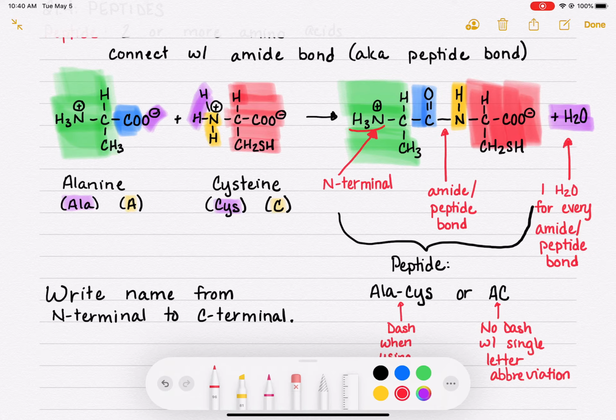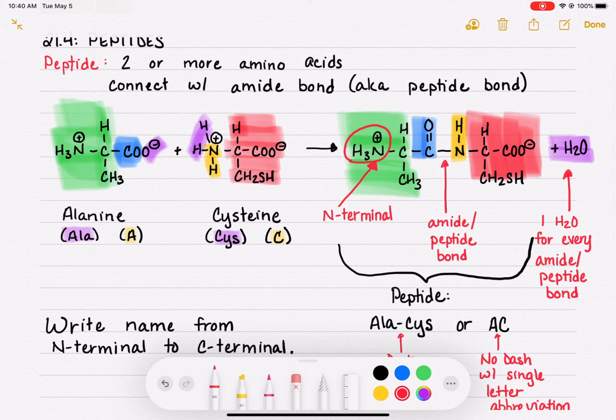One of the endings on one side is going to be the NH3+, and we're going to call that the N terminal. And then what about the C terminal? Right there. The other possible ending for the amino acid is the COO-. C for carbon, this is the C terminal. So when we're writing the name of a peptide, we're always going to find the ending that contains the nitrogen, the N terminal. We're going to start there.